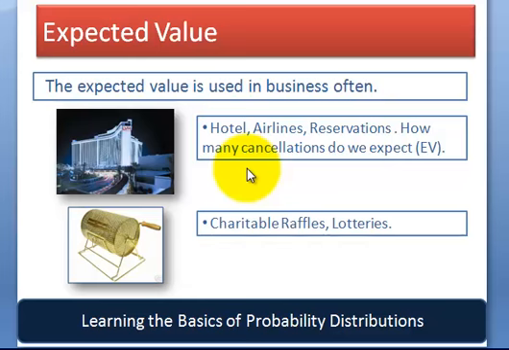Well, in business, it's pretty important to have a good handle on to what extent I should do that overbooking. If I do too much overbooking, I have a problem of people showing up at my hotel and I have to tell them I don't have a room. That obviously is not good for my customer satisfaction. I obviously have to refund their money and normally give them some sort of additional compensation.